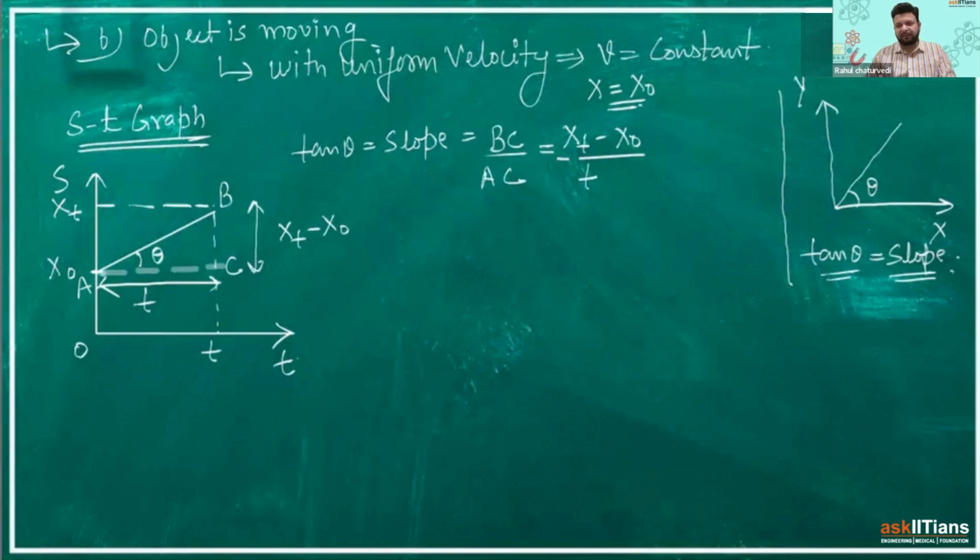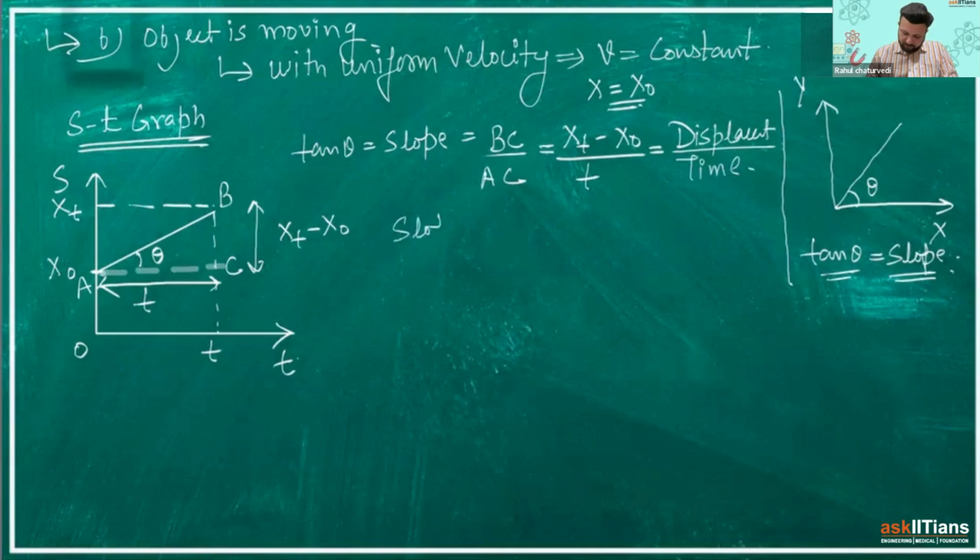And xt minus x naught is what? Actually, this is the displacement divided by time. So slope is nothing but displacement upon time, and it gives you the value of velocity.